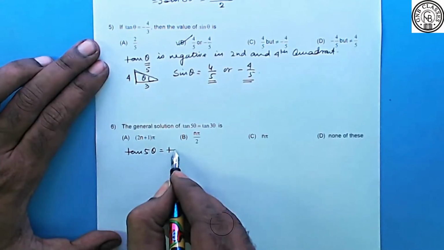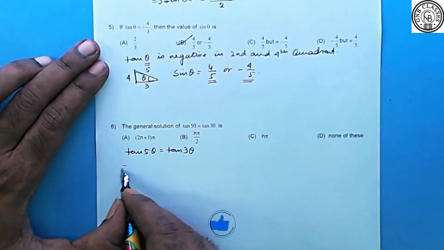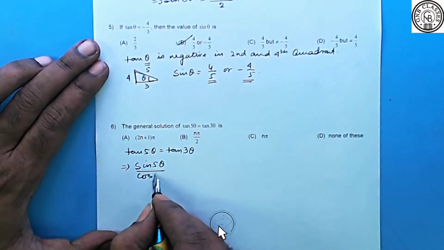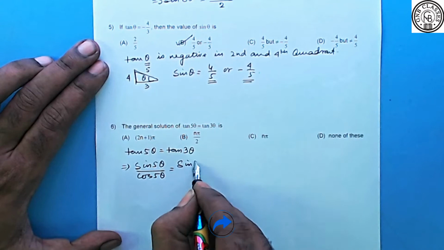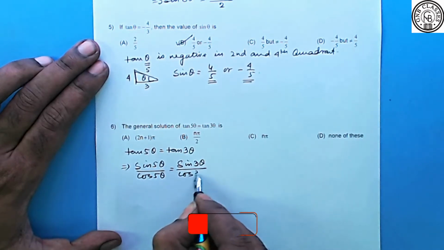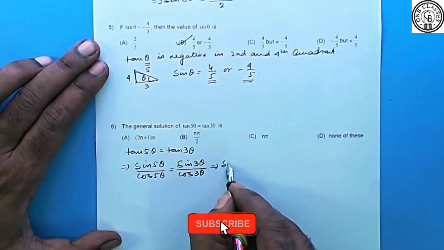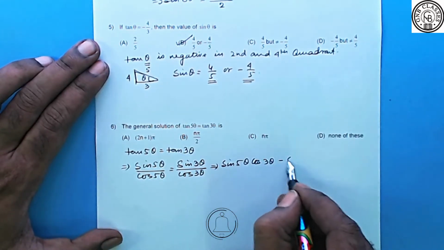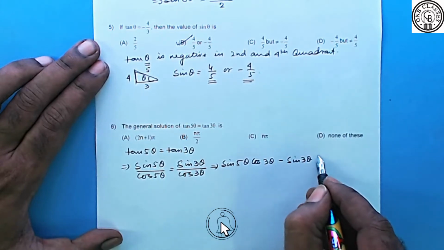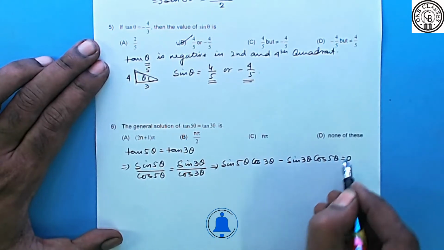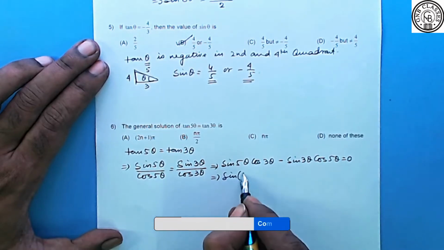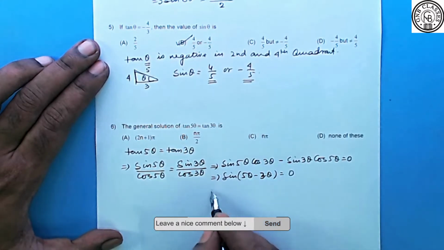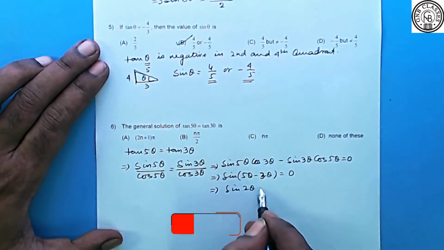Tan 5 theta equals tan 3 theta. That implies sin 5 theta by cos 5 theta equals sin 3 theta by cos 3 theta. Let me cross multiply, and then taking everything to the left hand side, we get sin 2 theta is 0.